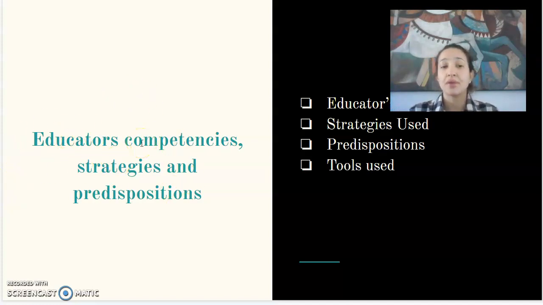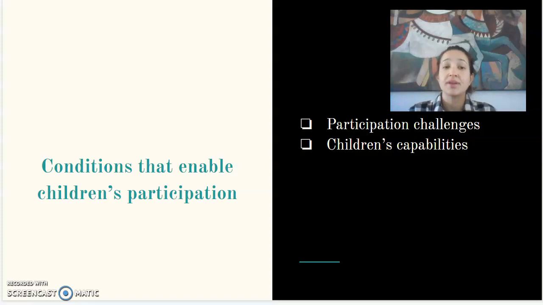So my theme, educators' competencies, strategies, and predispositions, will include the competencies that educators have, the strategies that they use to seek children's perspective, and the predispositions and the tools they use to do that. My other theme, conditions that enable children's participation, will include the participation challenges, which are the challenges educators find when they are seeking children's perspective, and the children's capabilities.